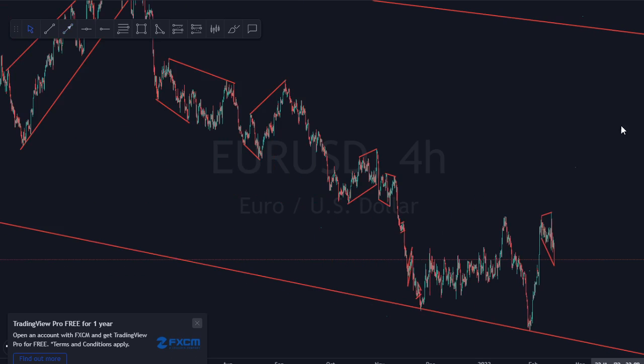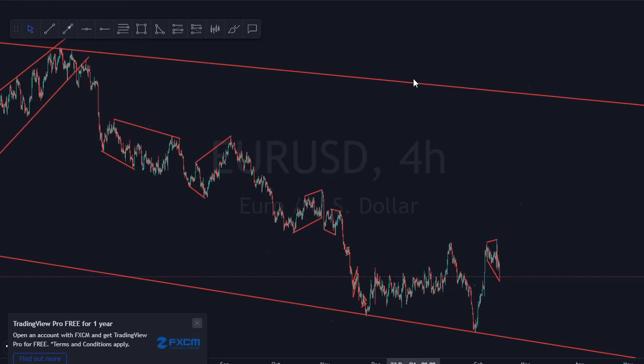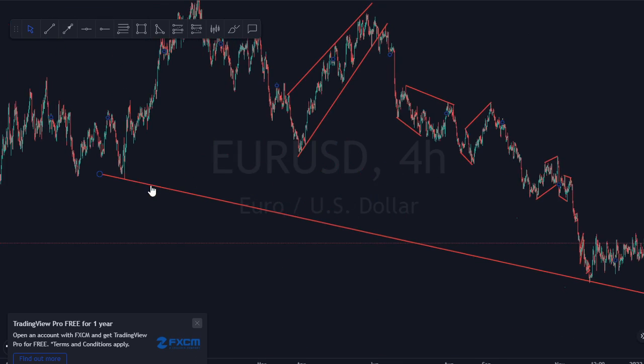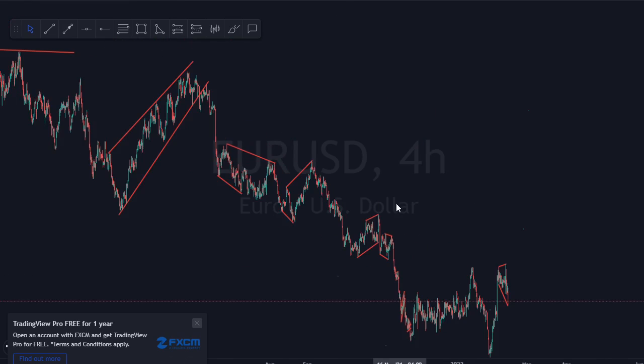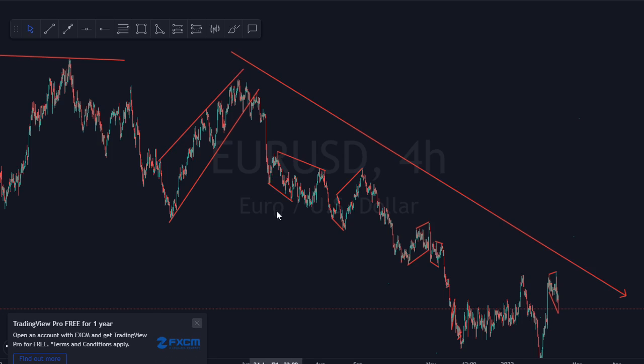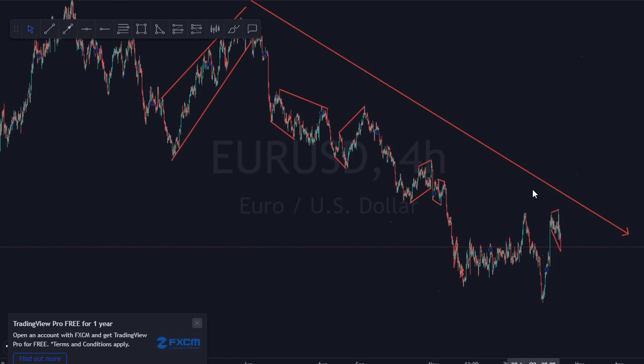And I also said, guys, forex is not one-sided, so you should have possibilities. This is a downtrend, guys. As you can see, lower highs, lower lows, lower highs, lower lows, and so forth and so on.